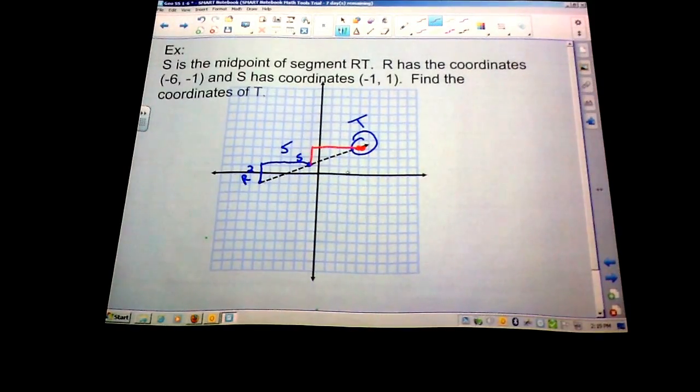So 1, 2, 3, 4, up 1, 2, 3. So it looks like 4, 3 would be another way that I could get to T.